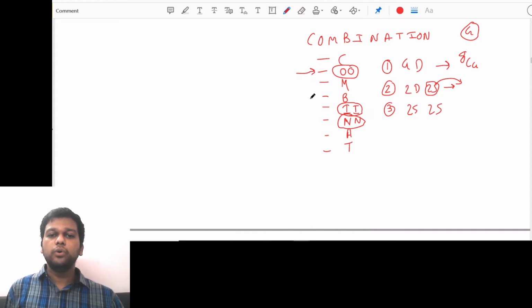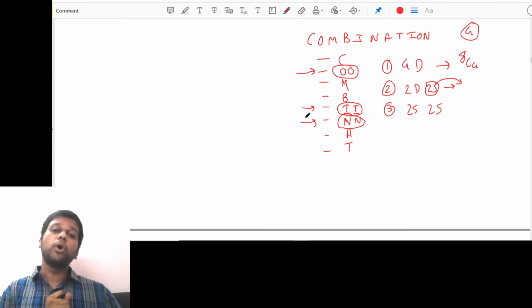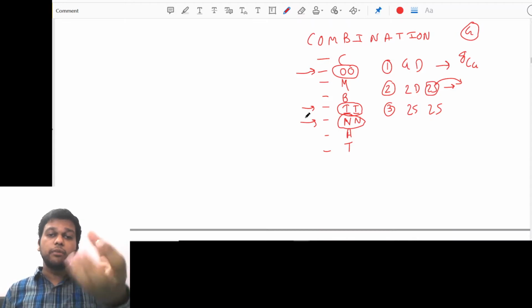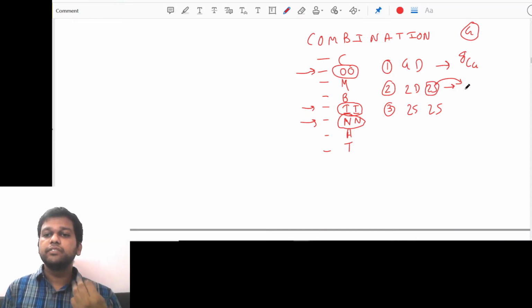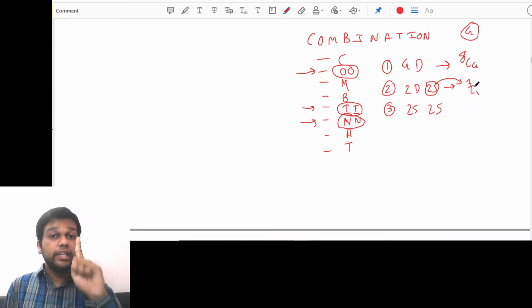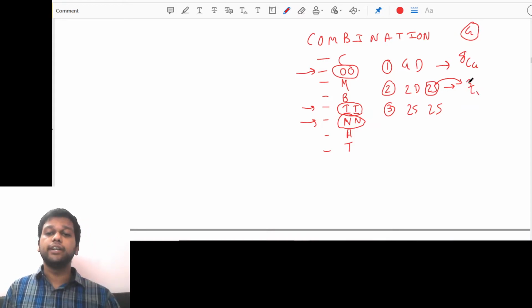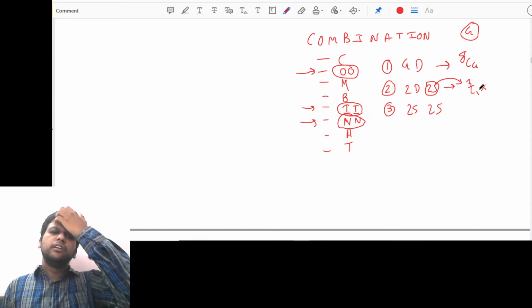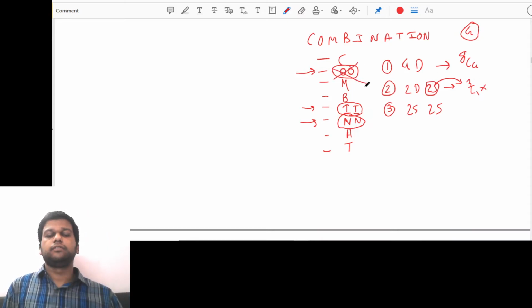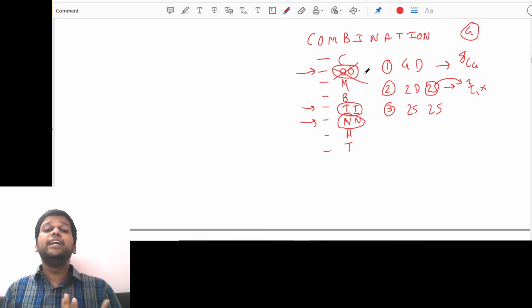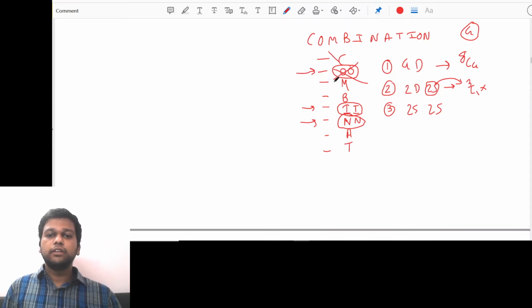Either OO, II or NN. Out of these 3 we have to select one box, right? So ways will be 3C1. Only one box because that box contains 2 letters. And now one of them is gone. If one of them is gone, how many different letters are remaining? 1, 2, 3, 4, 5, 6, 7. So we can select in 7C2 ways 2 different letters.